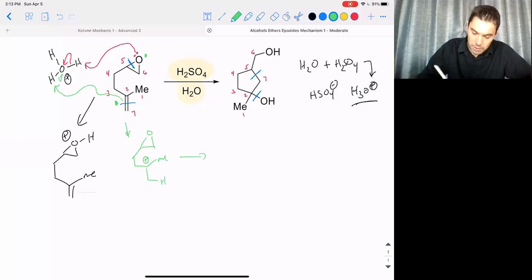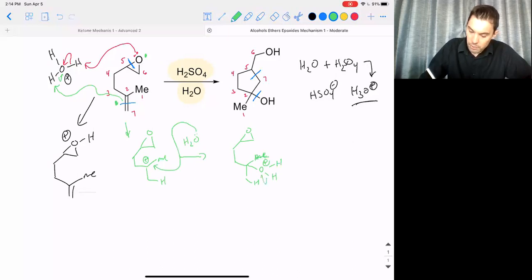And so we could imagine a byproduct of this reaction being the attack of water onto that tertiary carbocation.